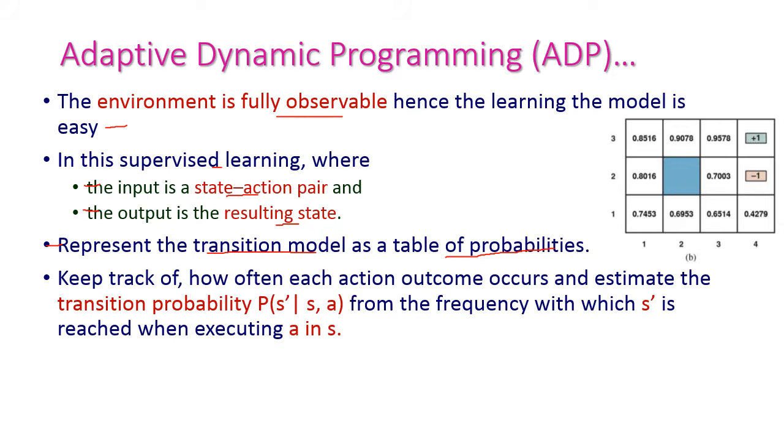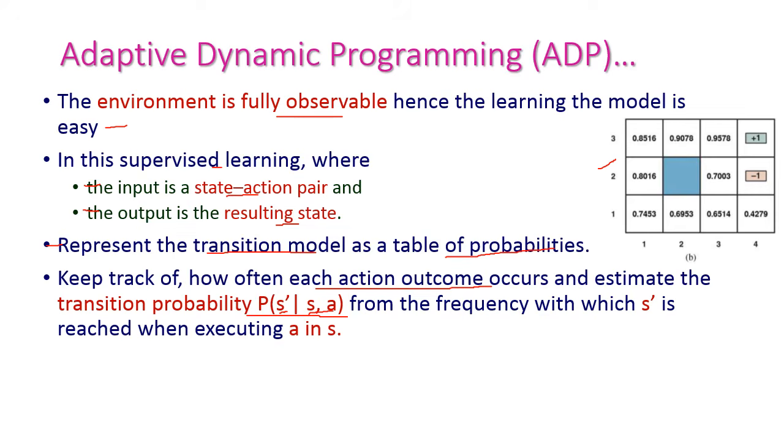Now keep track of how often each action outcome occurs and estimate the transition probability P of s dash given s comma a. That is, if we give s comma a as input, then we will get s dash.